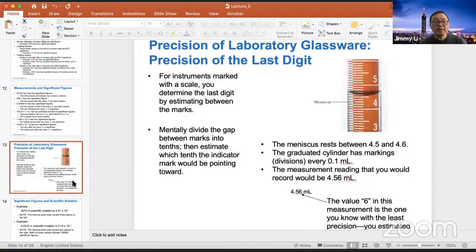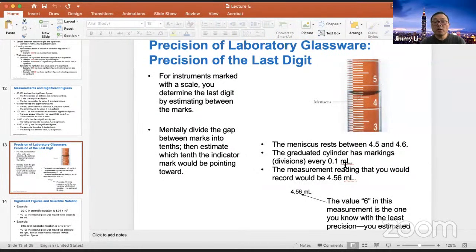Remember a few slides ago I said you should know what kind of instrument you use, because it's very important for how many decimal places you need to report. We tend to record one more digit than your smallest increment, than your smallest mark. In this laboratory glassware, the smallest increment is 0.1 milliliter.